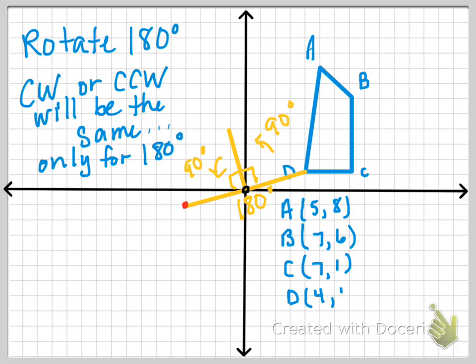So can you see what happened from D, 4, 1 to D prime? D prime looks like it's -4, -1. See, that's a pretty simple rule. All you're going to do is change each sign for each coordinate.